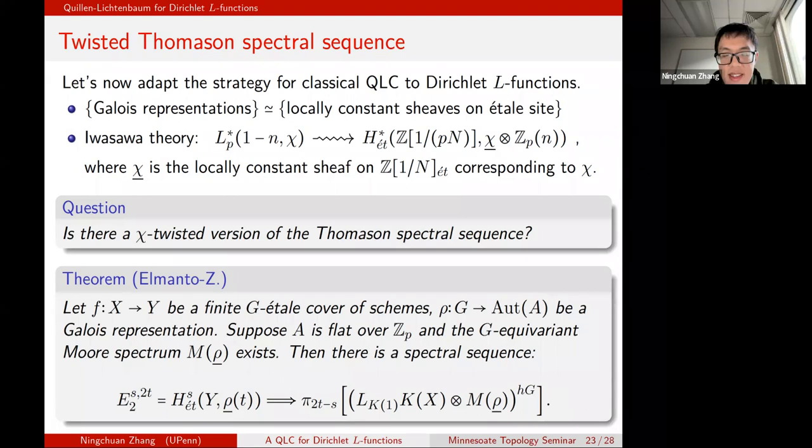I think that's definitely related. What we want is a similar spectral sequence in the motivic setting, but for that, several things need to be smoothed out. Like, what is rho? Rho is an étale shift. It's not clear how to do it on the Nisnevich side. That's the first thing. On this side, you can of course write down what you want. Algebraic K-theory spectrum has a G action. If X has a G action, and we are doing this in this setting, you can twist it with the Moore spectrum, taking genuine G fixed points, and everything's fine.